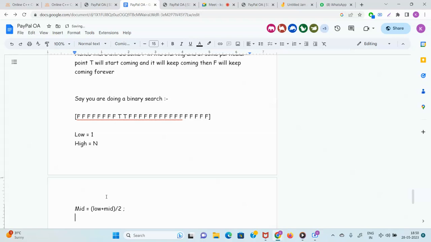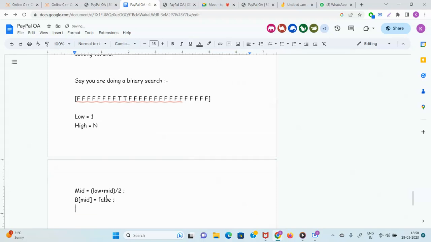So guys, in this case, what is the value at mid? It is false. But the question is, how do you identify if this false is in the last part of the array or the first part?